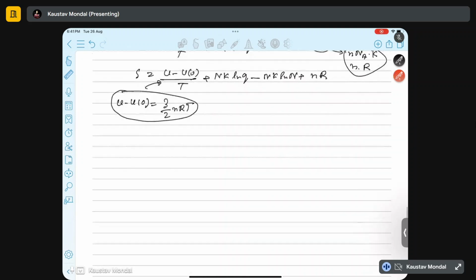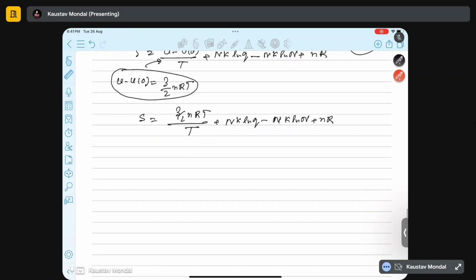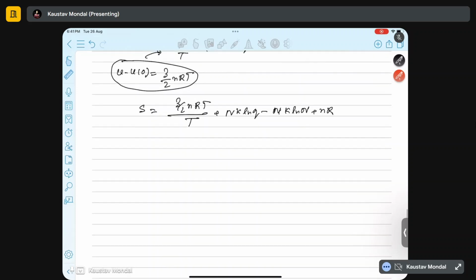So from that we will get U equal to 3 by 2 nRT, and we have to divide the whole thing by T, plus nk ln Q minus nk ln n plus nk. Now from here, S would be, the whole thing simplified, 3 by 2 nR.